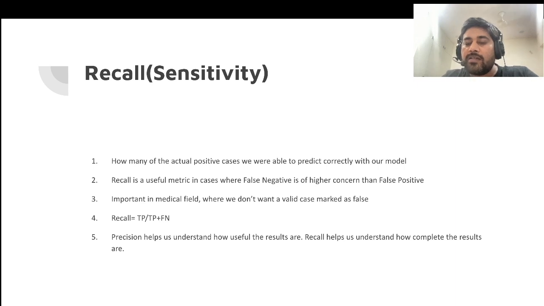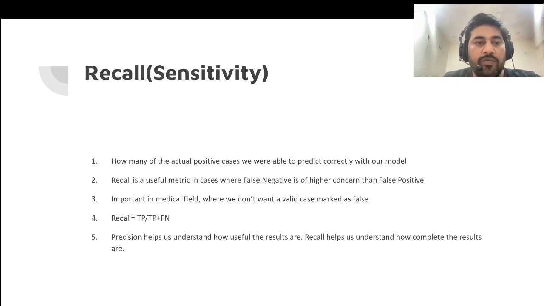It tells us how complete our results are, and we go for recall or sensitivity when we are more concerned about false negatives. In the medical or healthcare field, we do not want valid patients to be marked as negative. For example, if some people are infected with COVID and we predict them as not COVID, it is a serious concern for us.